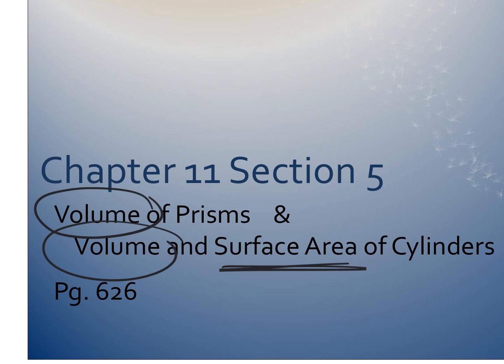So if I were to wrap this like a Christmas gift, how much wrapping would I need to encompass the entire water bottle? That's the surface area, okay? The distance around your object. Volume is how much is inside, okay? So the more we do these problems, make sure you understand the difference between volume and surface area, okay?